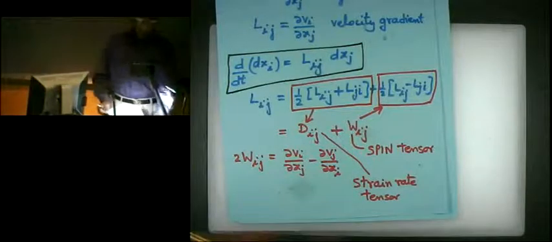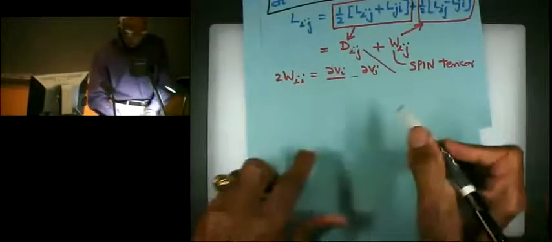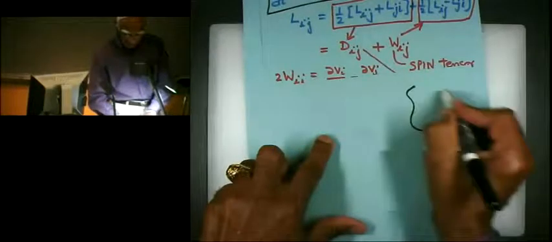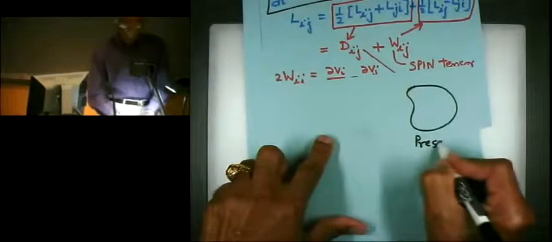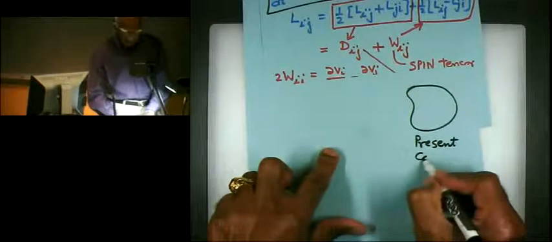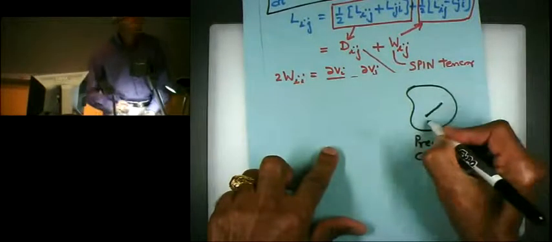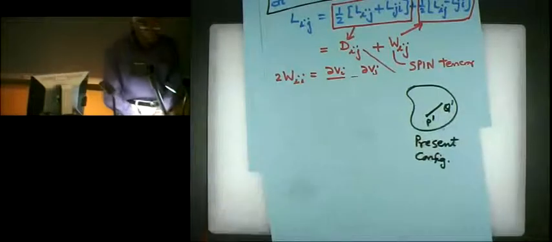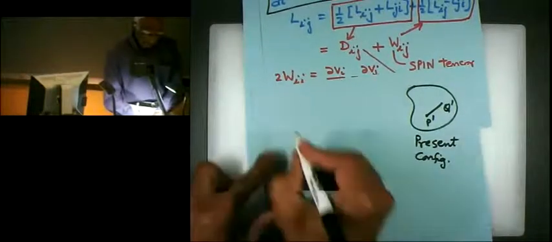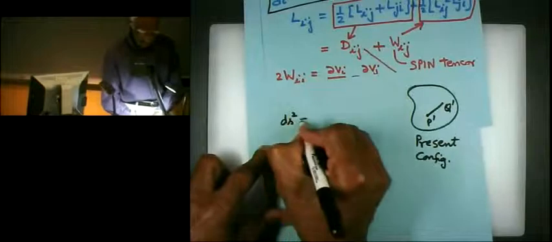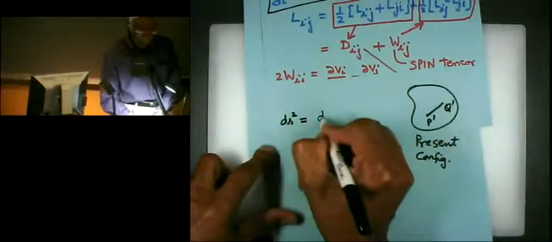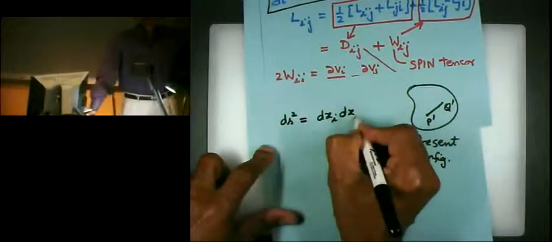To do that, let's look at the length of a line element. So we are in the present configuration, and we look at line element P prime Q prime. Its length ds squared is dxi dxi, which means dx1 square plus dx2 square plus dx3 square.